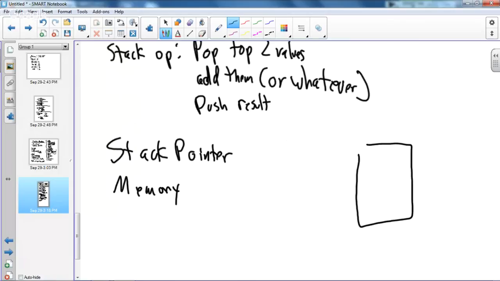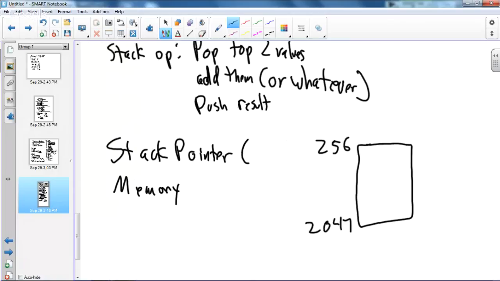Imagine you've got a region of memory dedicated to your stack. Let's talk about it in terms of a virtual machine. In your virtual machine, the stack is going to begin at location 256, and it ends at 2047.